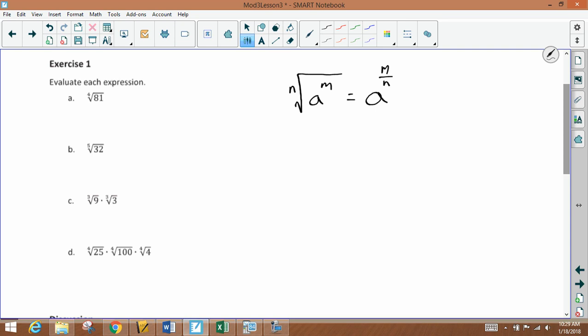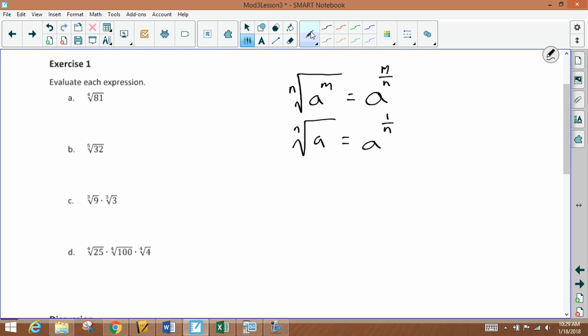And something that goes along with that would be the case that if you have some nth root of a, it's just going to be a to the 1 over n, right? Because it's like there's a 1 there, right? You know what I'm saying? Okay.